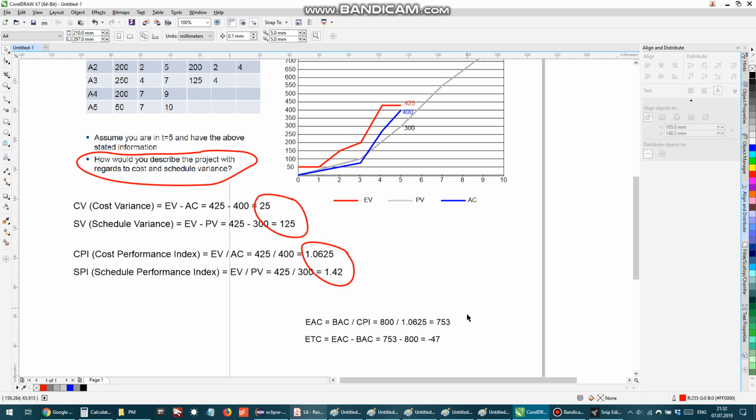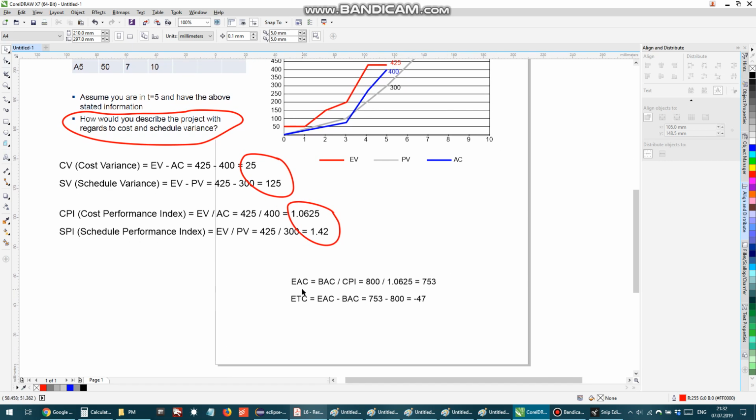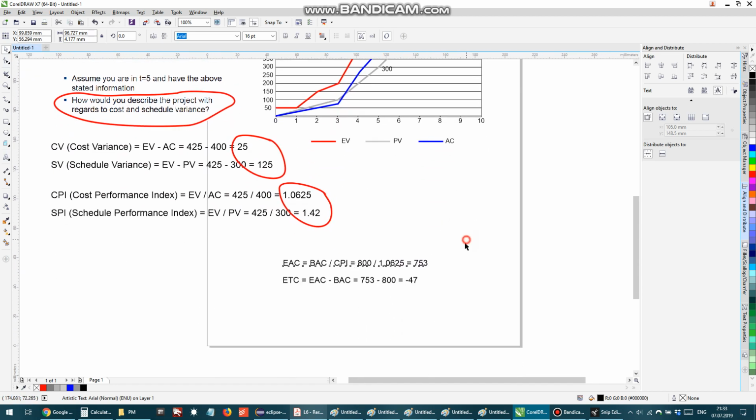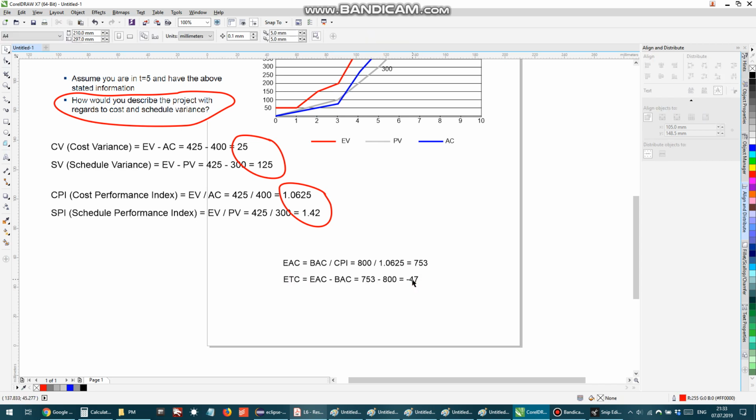And lastly, we will finish our project not with 800 as we planned, but with 753 euro or dollar, whatever it is. And ETC, estimate to complete, means that we will have to spend 47 euro or dollar less than we planned.